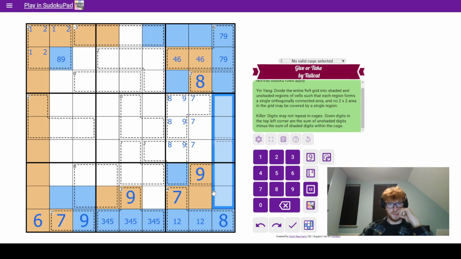4 and 6 go somewhere here. 7 goes up here somewhere.